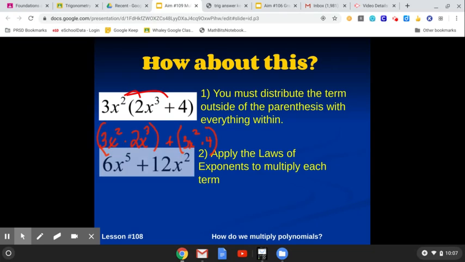That's how you would get 6x to the fifth there. 3x squared times 4 is just 12x squared. 3 times 4 is 12, then x squared. There is no other x, so we just keep it x squared. Those two things can't be combined because they're not alike. So I just leave it. I've just distributed and nothing else can combine.